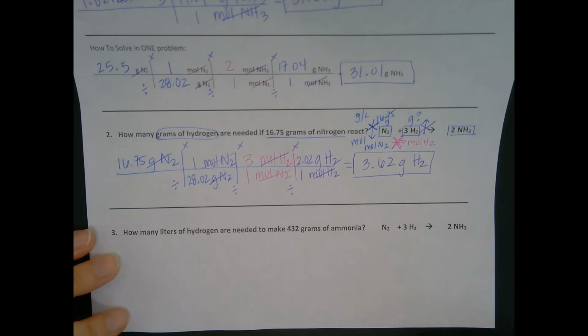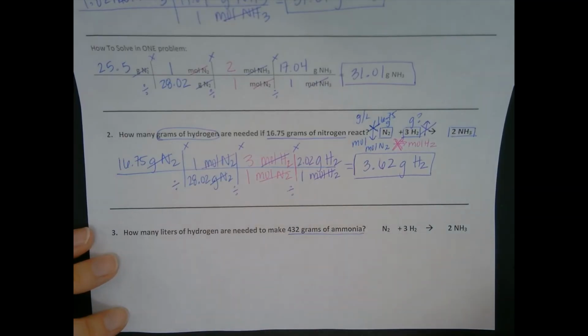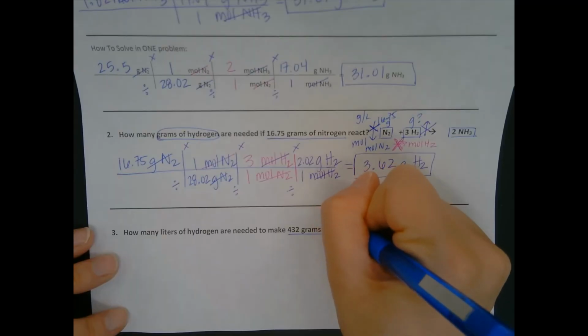Okay, so you had a chance to try it on your own, so let's do it together. How many liters of hydrogen are needed to make 432 grams of ammonia? So I'm starting with what? 432 grams of ammonia. If you didn't know which one was ammonia, it's just process of elimination, right? You know nitrogen, you know hydrogen, so the only one left is NH3.